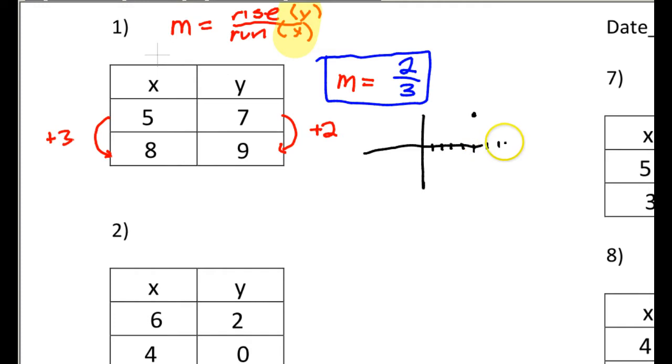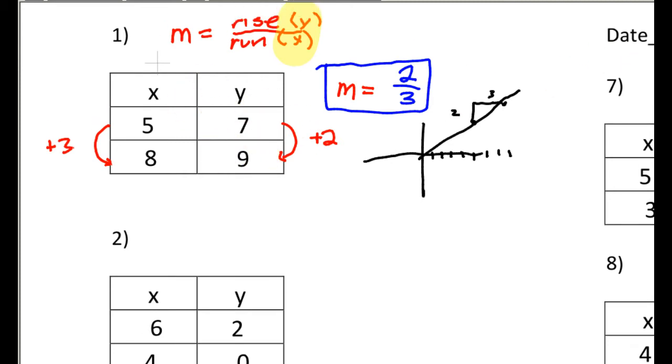That'd be 6, 7, 8. And sure enough, we could draw a line through here and see that the slope is up 2, right 3. But we're trying to avoid all this sketching and extra work, especially if these numbers become decimals or if they're in the hundreds. We don't want to try to sketch it and figure out the slope. We can just see how far apart the points are.